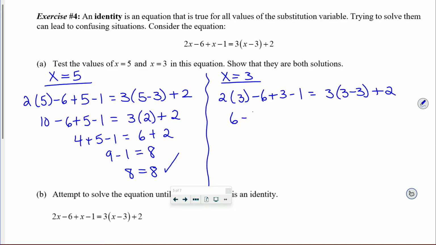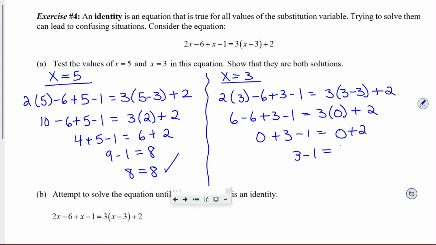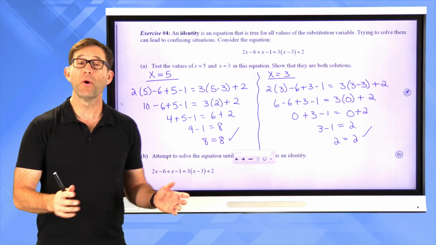Here I'll get 6 minus 6 plus 3 minus 1 equals 3 times 0 plus 2. 6 minus 6 is 0, so 0 plus 3 minus 1. 3 times 0 is 0, so 0 plus 2. So now I'll have 3 minus 1 is equal to 2, and 2 is equal to 2. All right, awesome. So both of these are solutions.